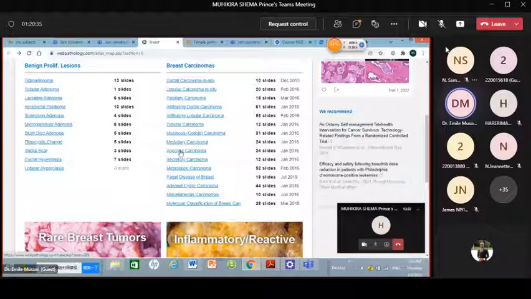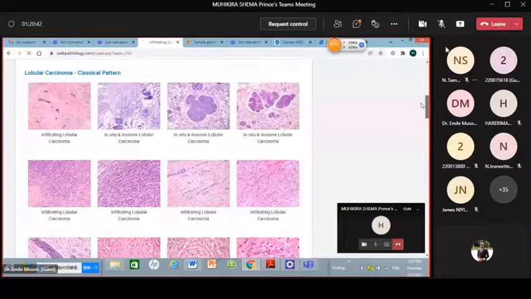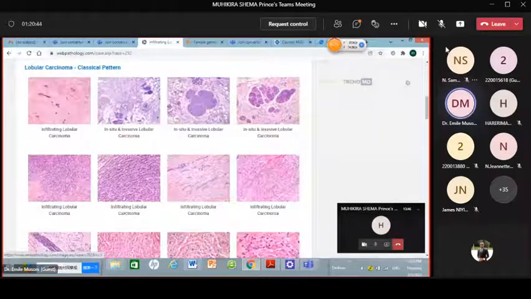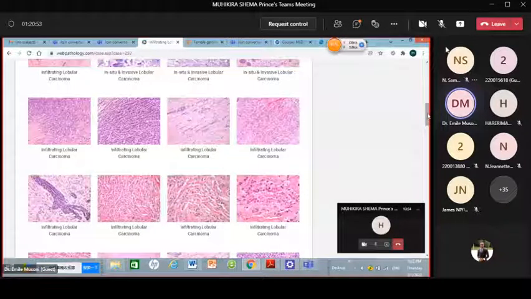Let us see the lobular carcinoma. You see now it involves the lobule. And the characteristic also here, there's what we call Indian file.